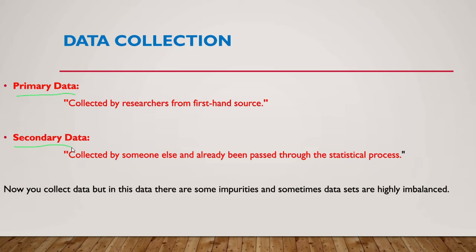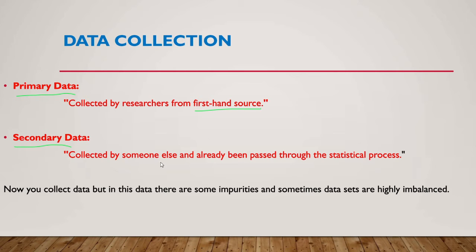So what is primary data, guys? Primary data is the data which is collected by researchers or users who are doing the project. I am repeating, guys: the data which is collected by researchers or users who are doing the project is called primary data, and it is called a first-hand source, or the original data.